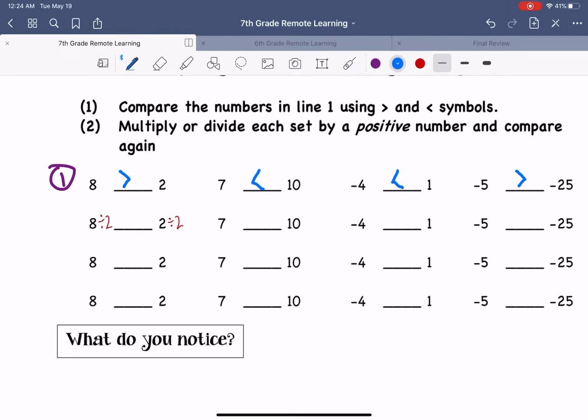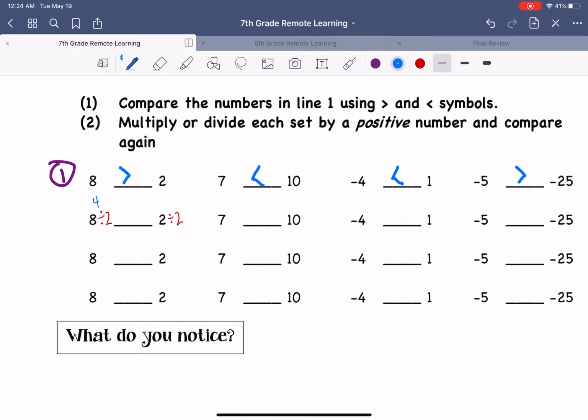When we do that, 8 divided by 2 gives us 4, and 2 divided by 2 gives us 1. Now we compare the 4 and the 1. Well, 4 is still greater than 1, so that held.